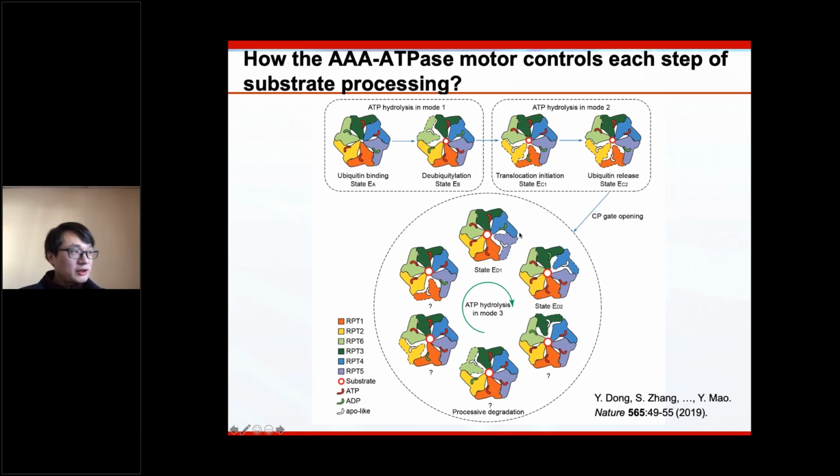So these modes rotate around the ATPase ring, potentially going around in a circle. But what's interesting for the proteasome is that we just didn't see the other 4 possibilities. That's why I put a question mark here, and we will briefly talk about why that's the case.